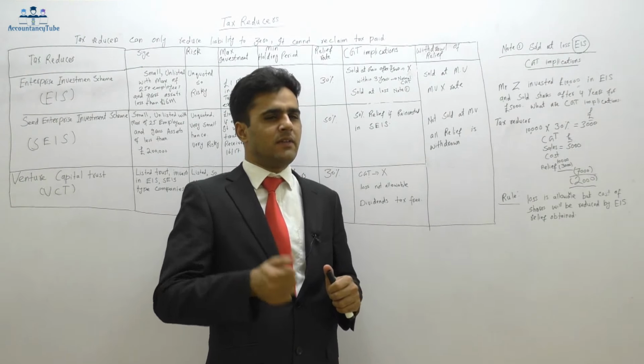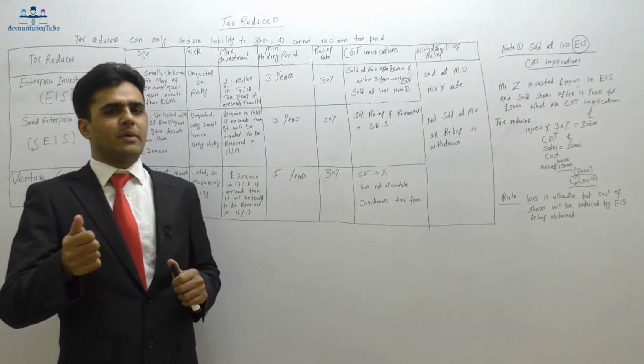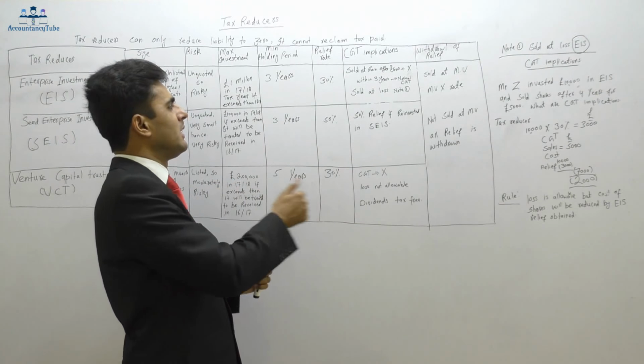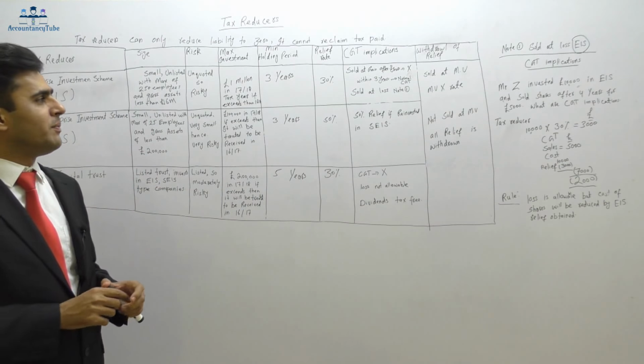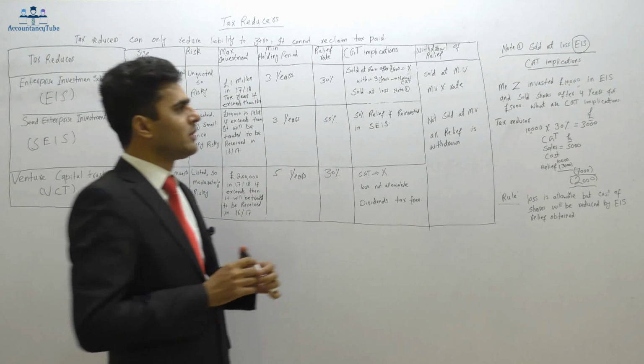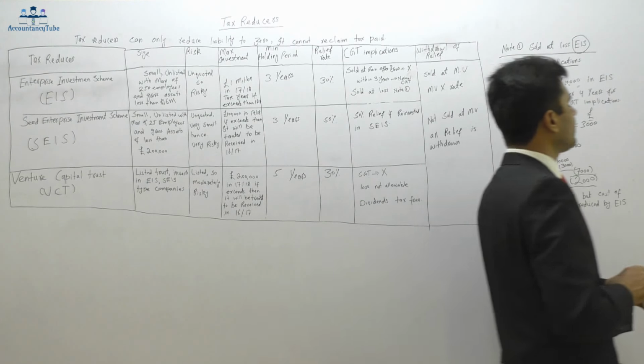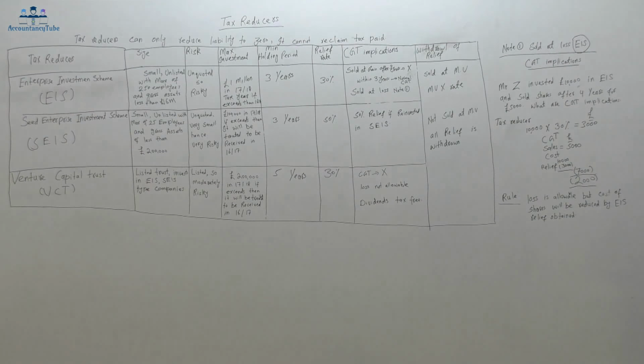If not 8 and 9, then 7 and 8. From 7 to 9, these schemes are given in your lecture notes of P6. Now you would ask why I asked you to note down when it is already given in the notes. Because it will help you in revision, and it will make your concepts stronger. If you just read from the notes, it is less effective. If you write it down and then read it, it is more effective.